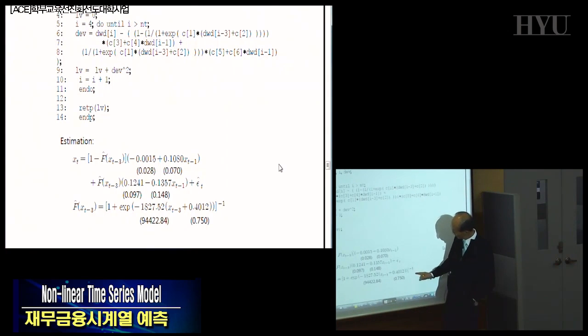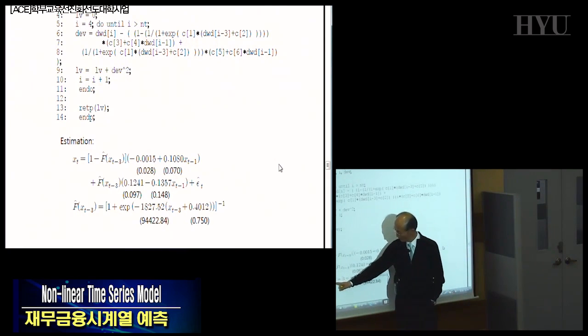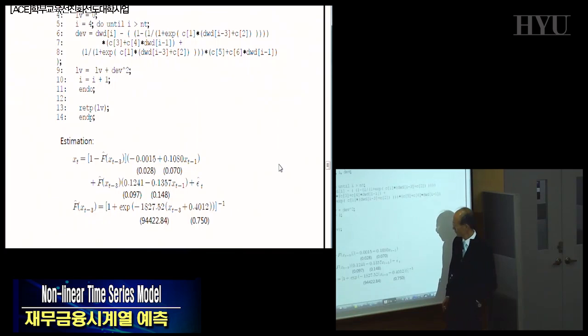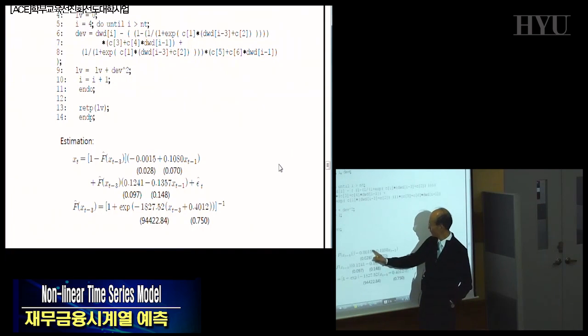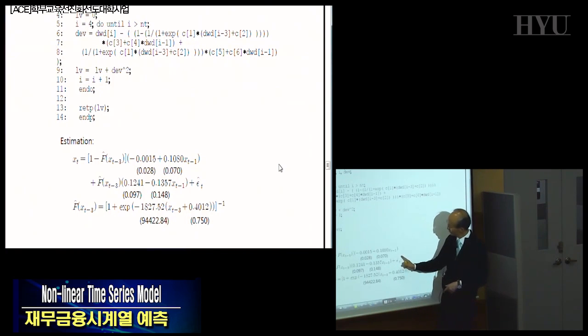I set this function f as a logistic function, and x_{t-3} as a triggering lag. So these two are parameters to be estimated, and these are parameters to be estimated. So I write this objective function in terms of this one.